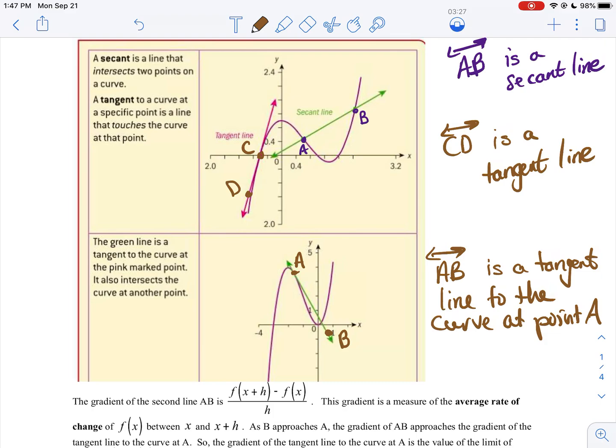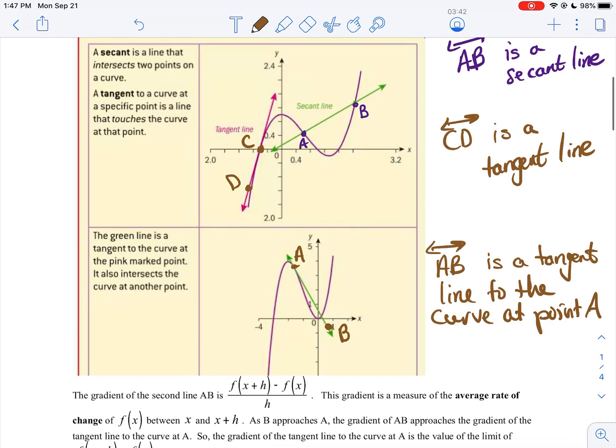So now, it's also a secant line. If I made another point somewhere on the purple curve, I could make a secant line in there, but for what I'm referring to, the green line is a tangent line at point A.